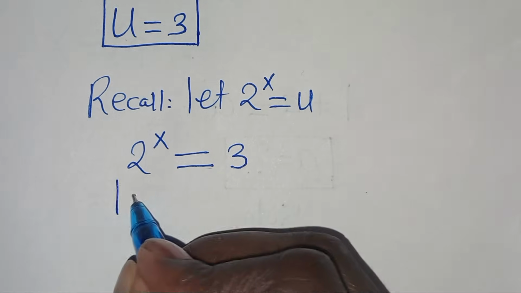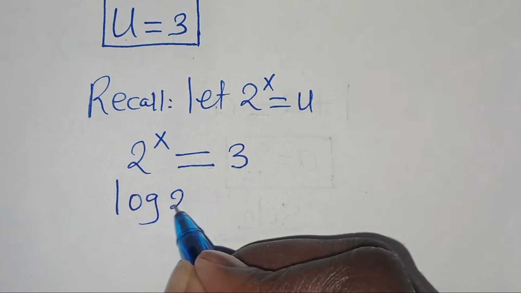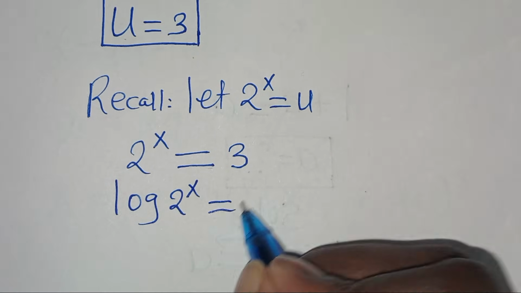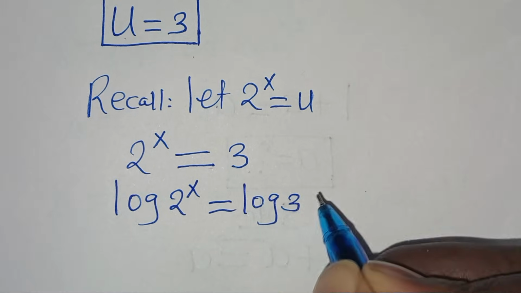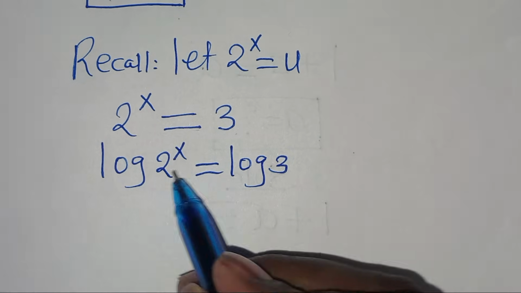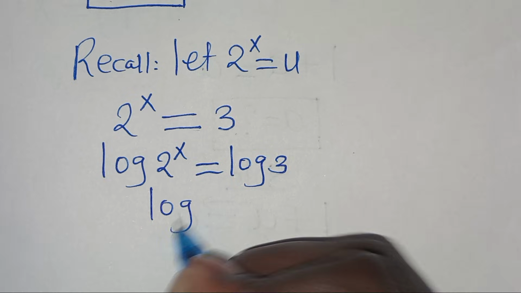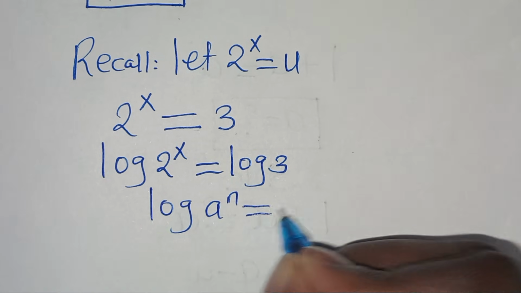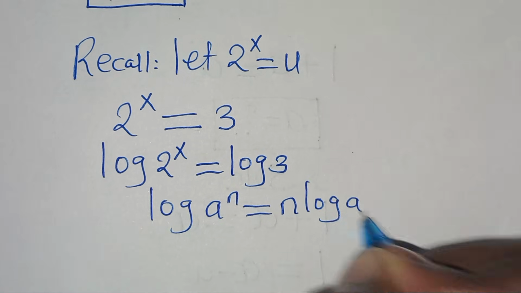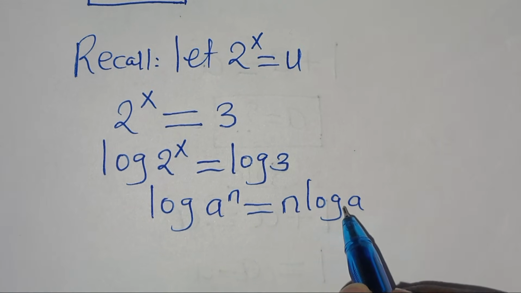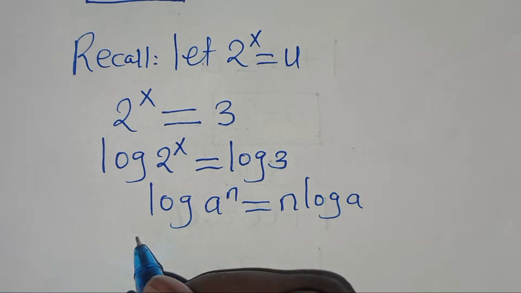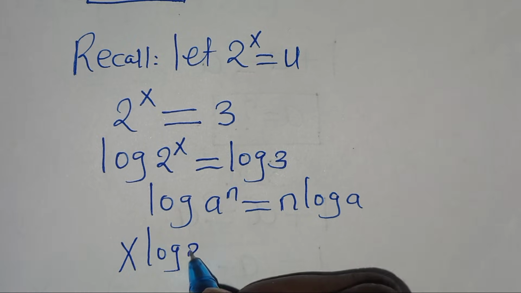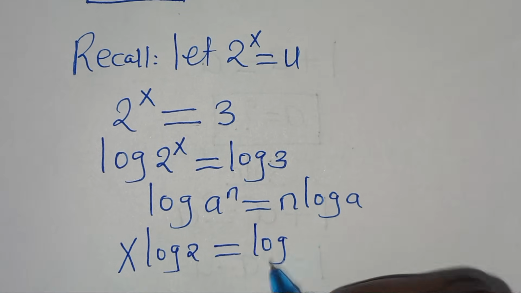By introducing logarithm on both sides, we have log 2 to the power of x equal to log 3. Now, log 2 to the power of x is in the form of log a to the power of n, which can be expressed as n log a. Applying this power rule property, log 2 to the power of x becomes x log 2, which is equal to log 3.